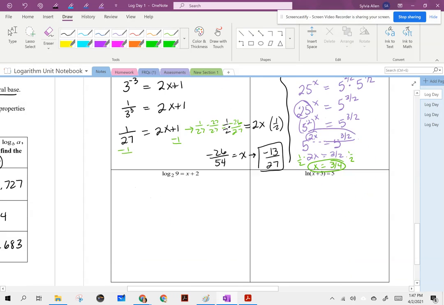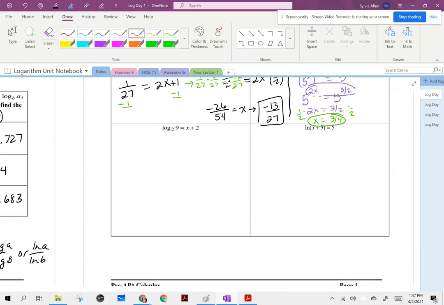All right, let's take a look. I've got 2 to the power of x plus 2 is equal to 9. All right. So I really can't do that by converting those bases.